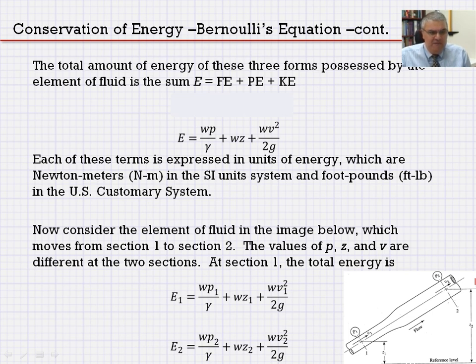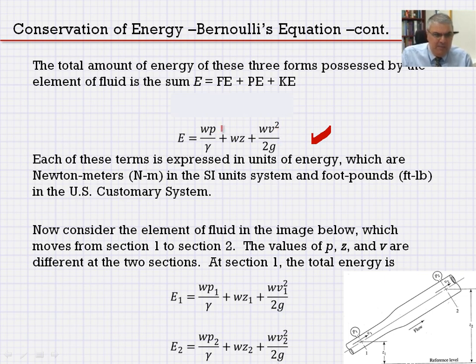The values of P, Z, and V are different at the two sections. At section 1, total energy using the energy equation that we just developed would be simply, I substitute the pressure at that particular point. The gamma for the liquid is the same because we're talking about the same liquid. W is the same, and g is the same.